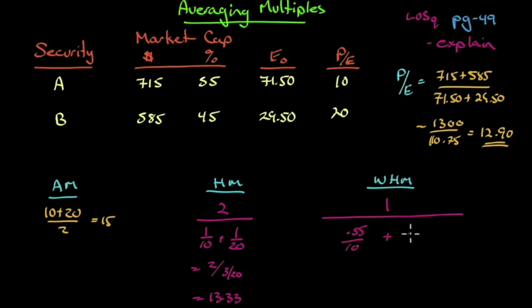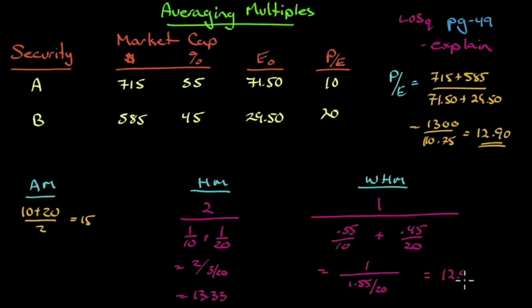And here we would have 0.45 over 20, which will give us 1 over 1.55 over 20, right? Which will give us 12.90. So to get an average PE for a group of stocks, we would be taking a weighted harmonic mean to get there.